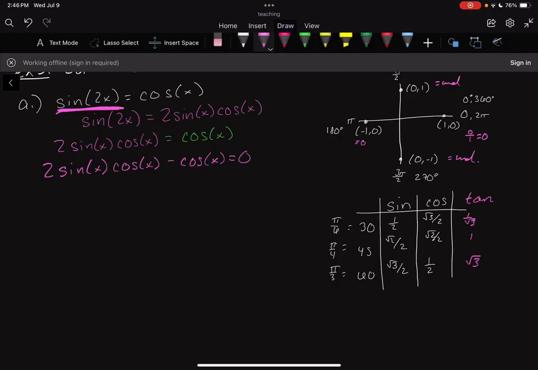So this one is actually really similar to the example that we just did a second ago. I just showed what if it starts out a different way, with a little bit more stuff going on. So this would be factoring out a cosine x. I'm left with 2 sine x minus 1, split into two different equations.